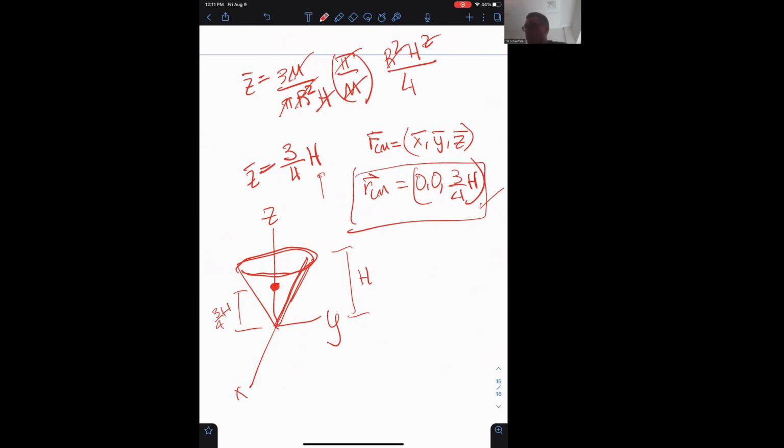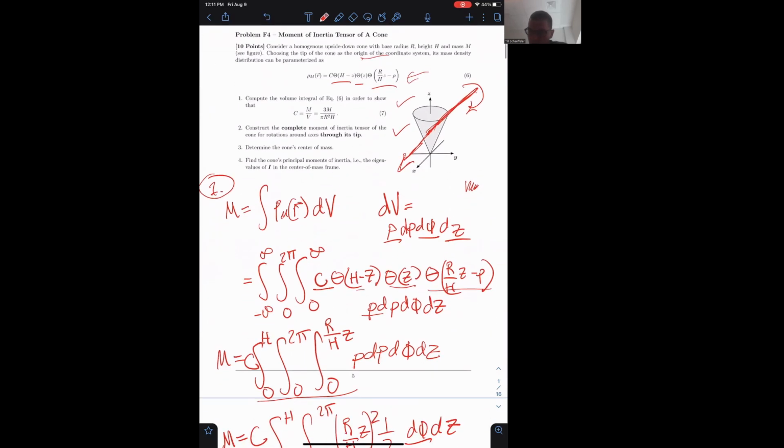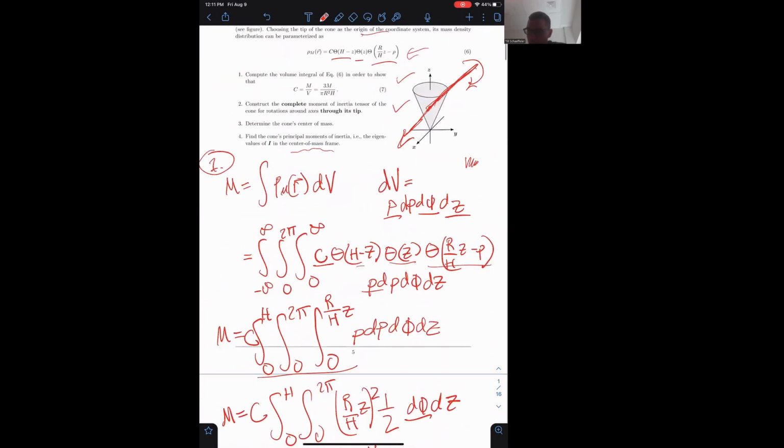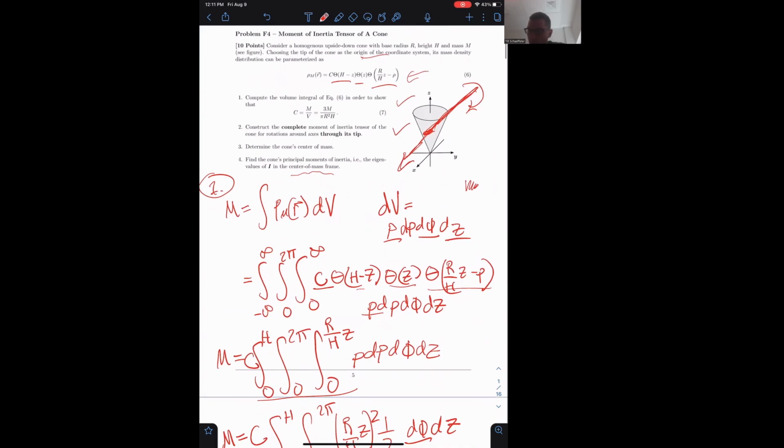Okay, now we have one more part of this problem, all the way back. Find the cone's principal moments of inertia in the center of mass frame. So, like I said, we have to find this moment of inertia tensor now at the center of mass, which we just found.